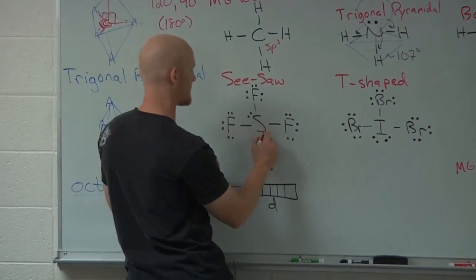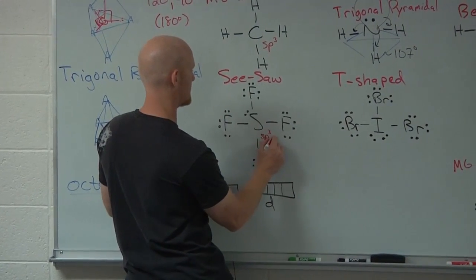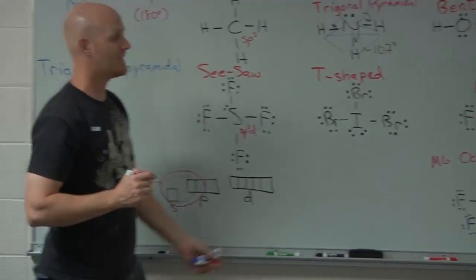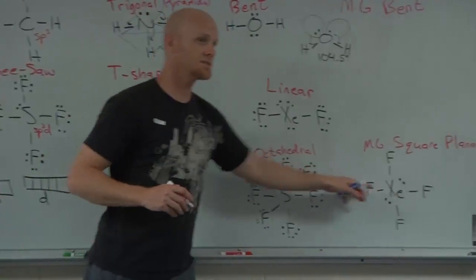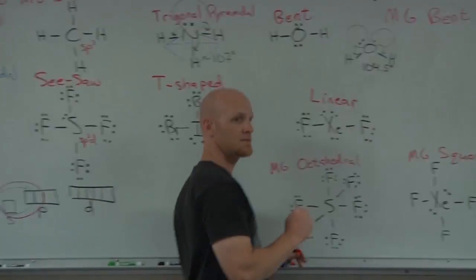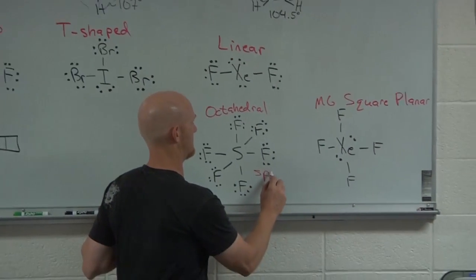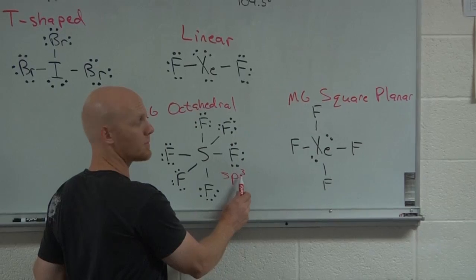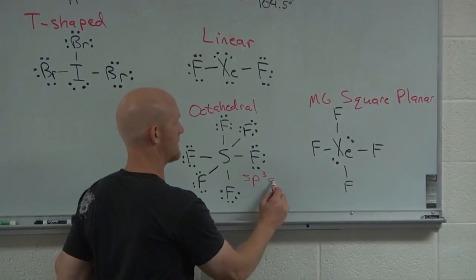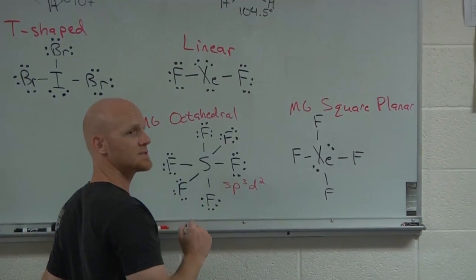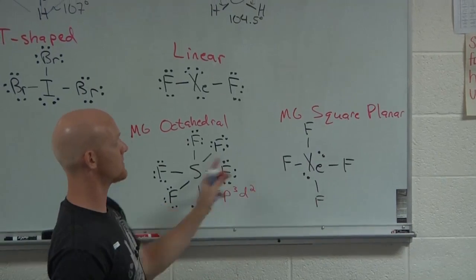And so the central atom is going to be sp3d. And then 6 domains, either case. There's the first 4 orbitals, but 6 domains, I need 2 more. Awesome, sp3d2. Either case for the central atom.